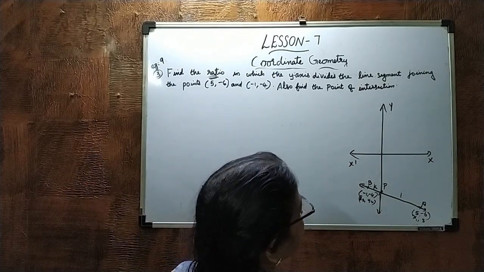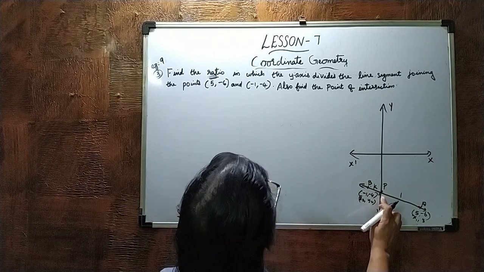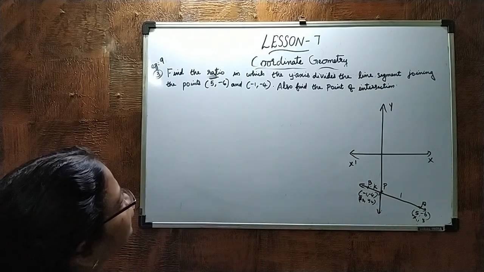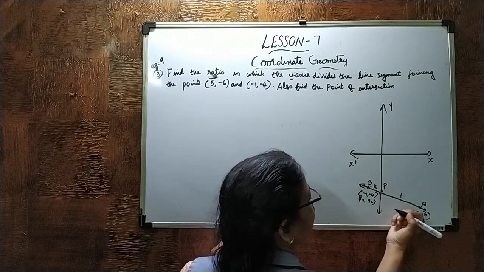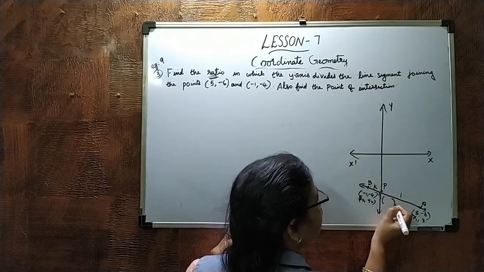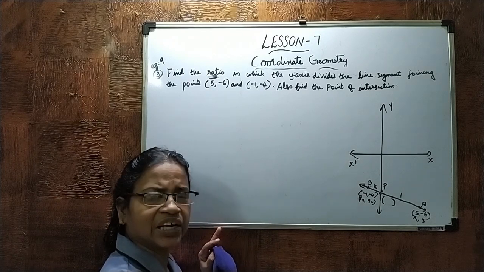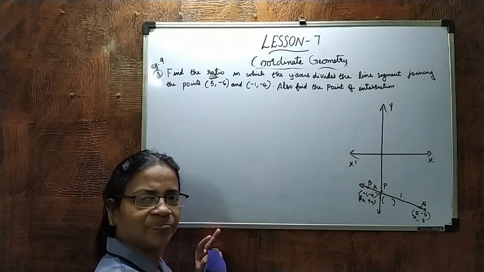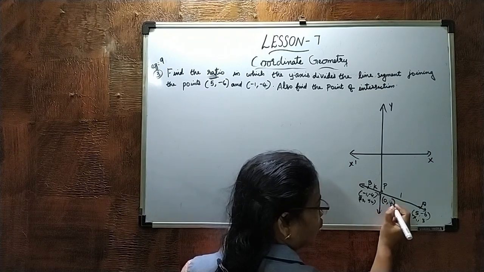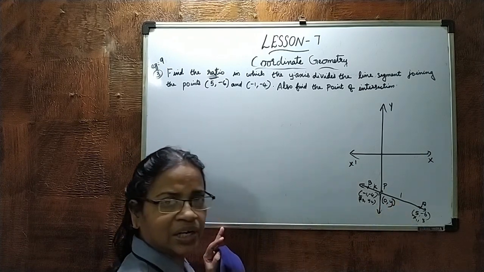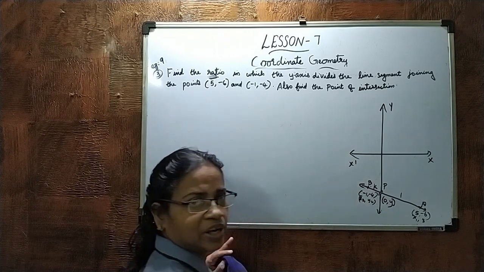And what about P then? P is not given. So what we can do is, the y-axis is the point of intersection. What will the coordinates be when it intersects on the y-axis? The coordinates will be 0, y.